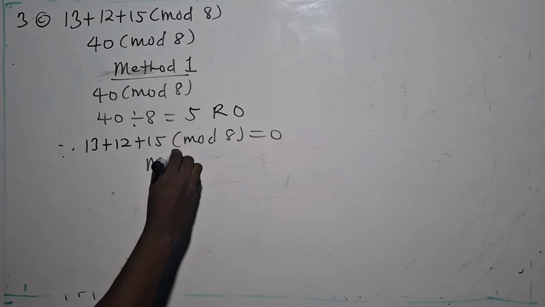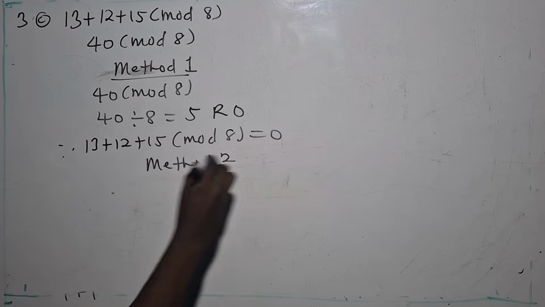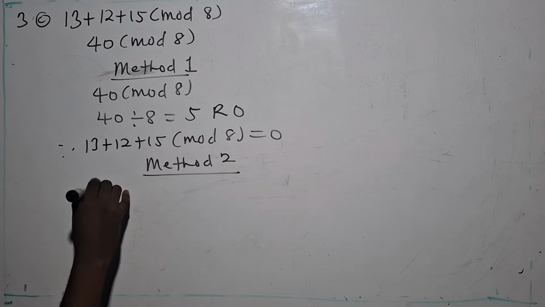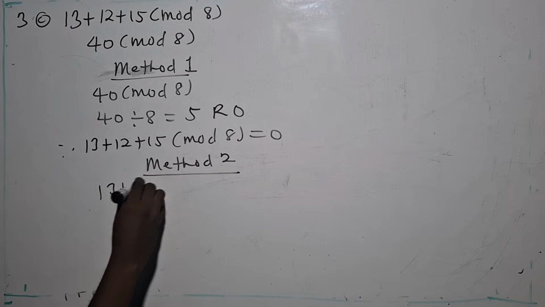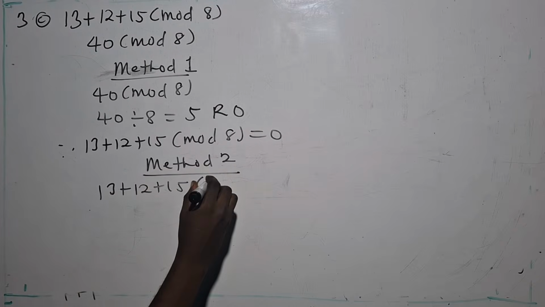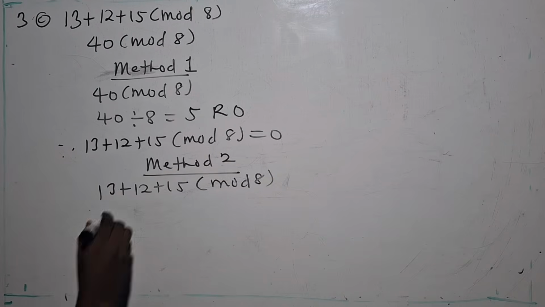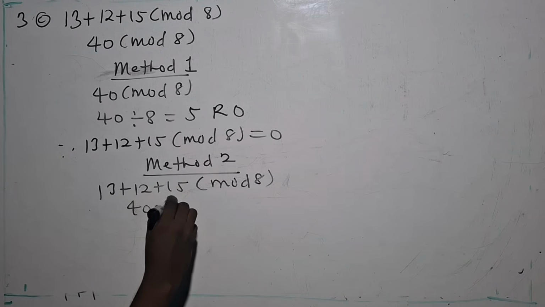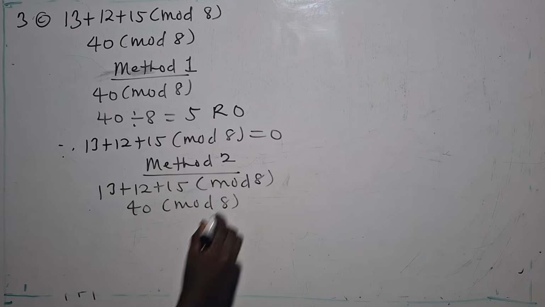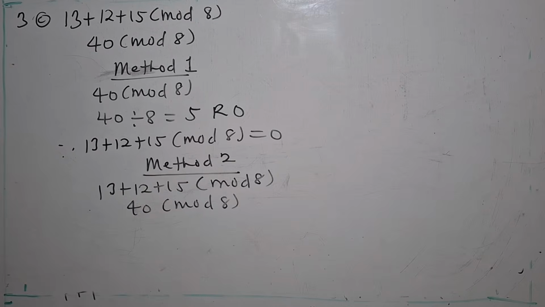Method 2. Same 13 plus 12 plus 15 mod 8, which is giving us 40 mod 8. We are going to use the repeated subtraction method.